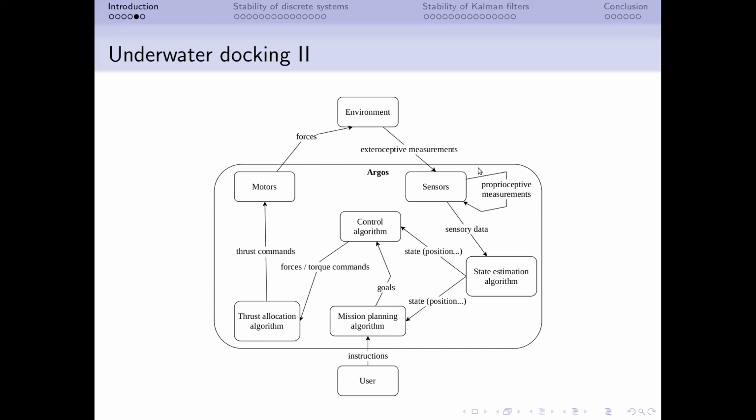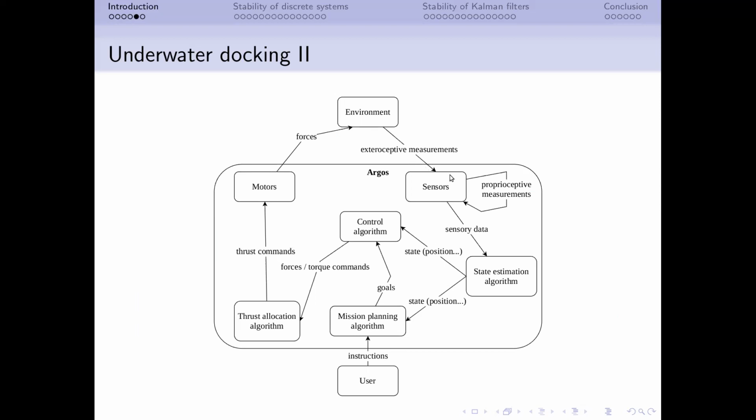The robot is represented by this big rectangle here. We can see that the robot is interacting with both the environment and the user. The user gives instructions to the robot, such as a mission like explore this wind farm and come back to your station when you're done.